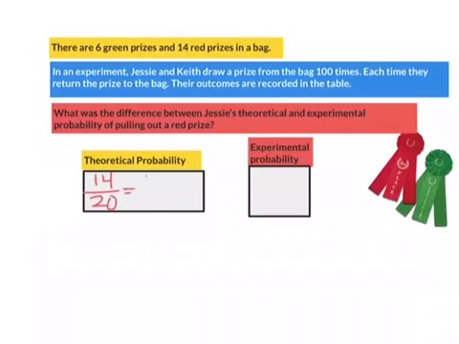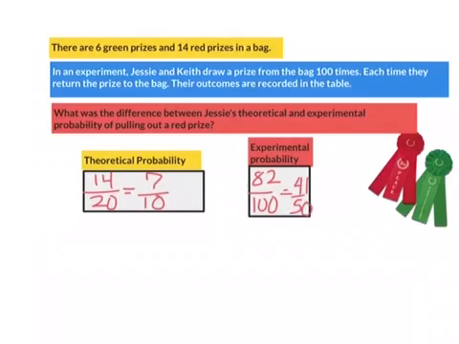And remember, we simplified this to 7/15. The experimental probability, what Jessie actually had, for her experimental probability, she pulled 82 red prizes out of 100, which we knew was equal to 41/50.